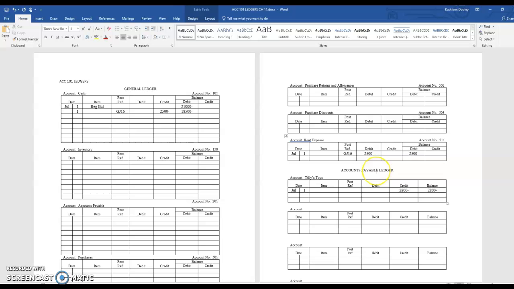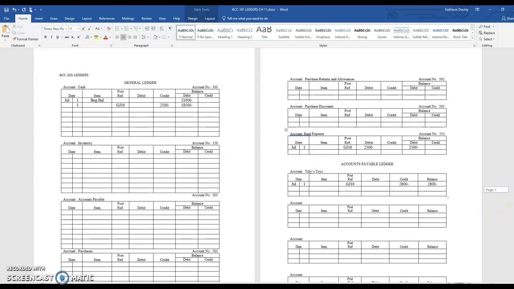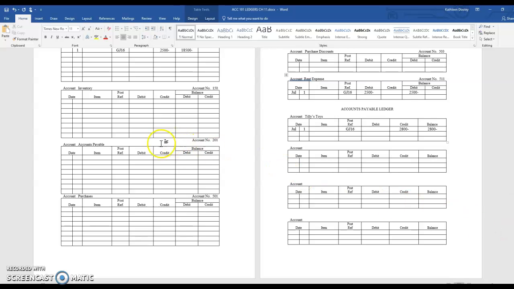This is the accounts payable ledger, so it's just like accounts payable. Accounts payable is a credit balance because it's a liability, so this balance is a credit balance as well. Where did this information come from? GJ16.